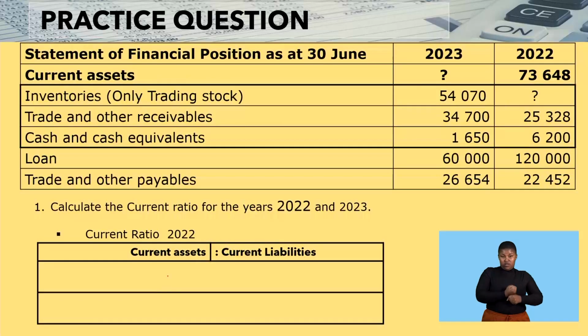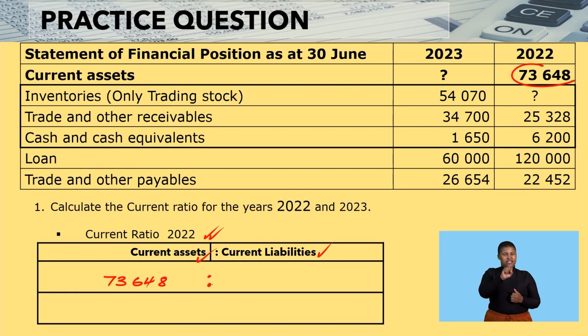In the year 2022, I'm going to calculate the current ratio. The current ratio is your current assets as to your current liabilities. In 2022, having current assets is easy. There are my current assets: 73,648. That is my current assets.